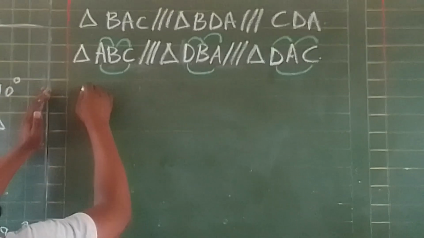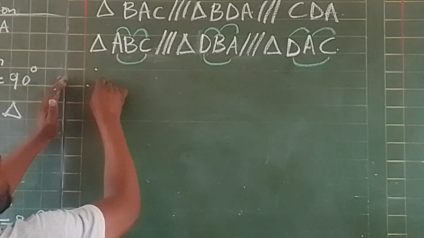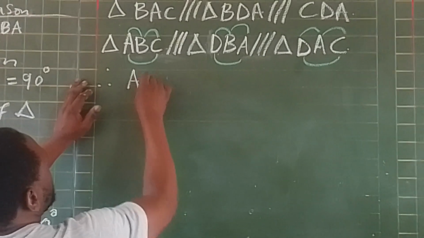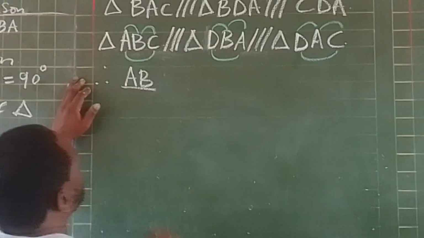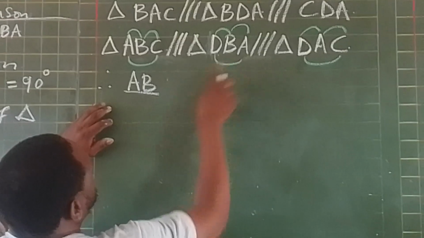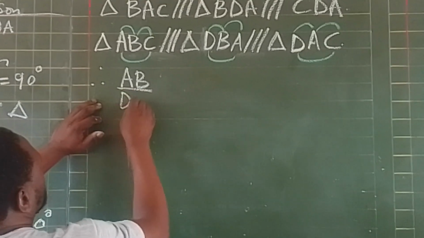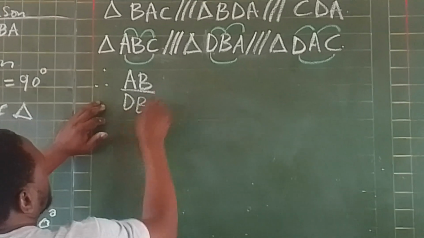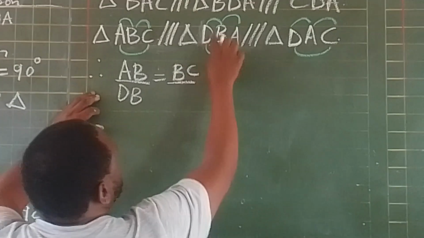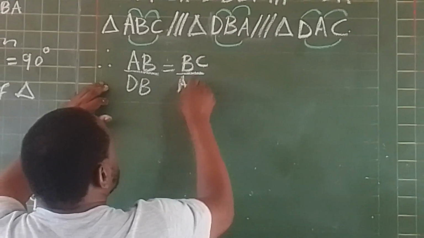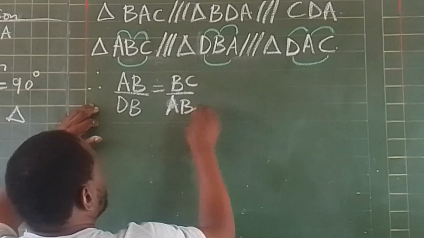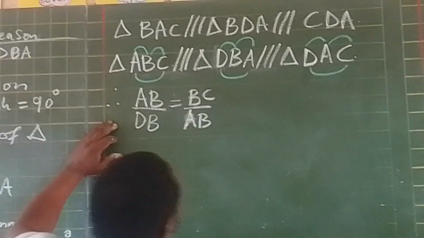You say, therefore, AB over DB is equals to BC over AB, right?